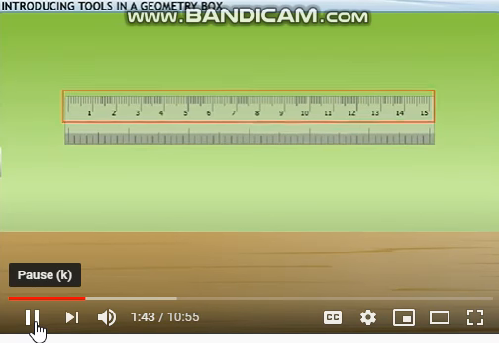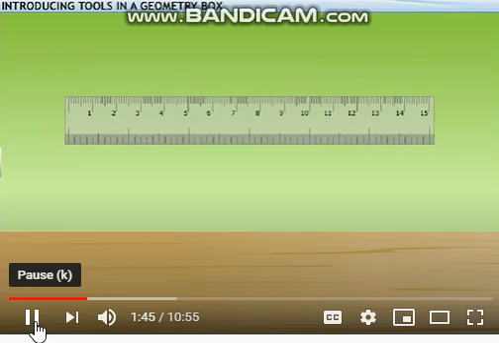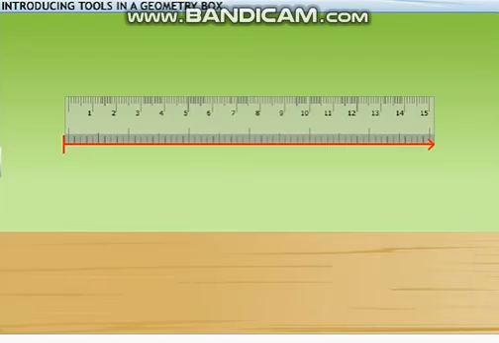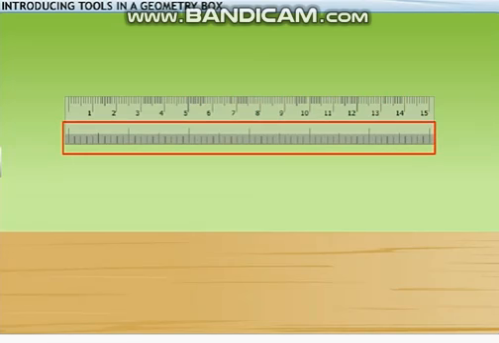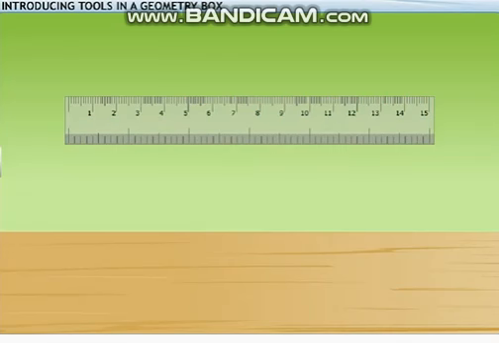It has small divisions of centimeters on one long edge. The divisions are marked 0, 1, 2, and so on. Similarly, the other long edge is divided into inches and marked 0, 1, 2, and so on.